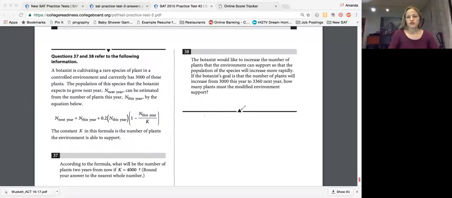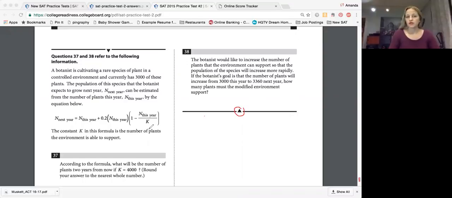And I know that I'm still using this formula because this little symbol tells me that this information goes to both problems. So now the botanist would like to increase the number of plants that the environment can support so that it'll increase more rapidly. So if the goal is that the number of plants will increase from 3,000 this year to 3,360 next year, how many plants must the modified environment support?